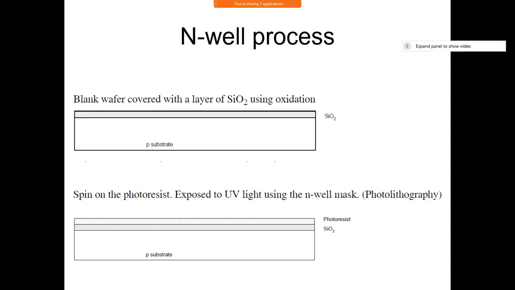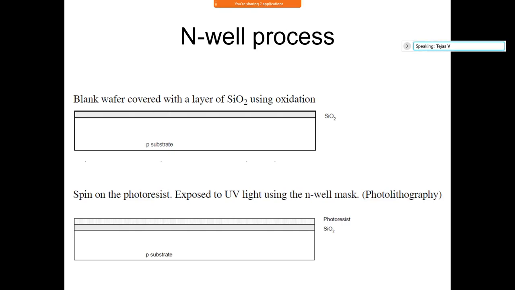On top of the substrate, there is a SiO2 layer grown using oxidation process. Done? Yes, sir. Then you can see next, spin on photoresist.